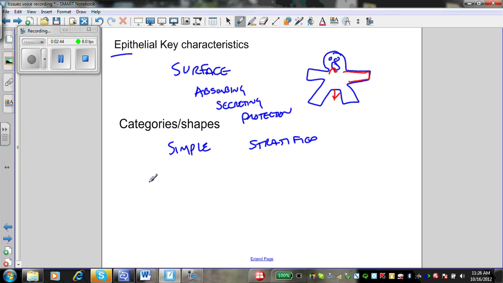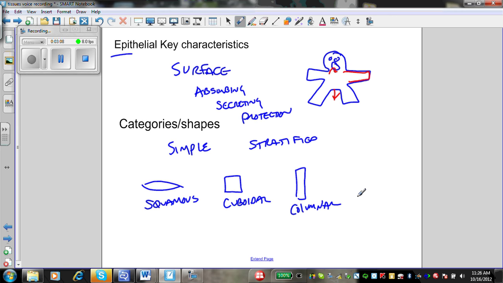And then the shapes we have are squamous, which is a flat cell, cuboidal, which is much more squarish, and then columnar, which looks like a column.